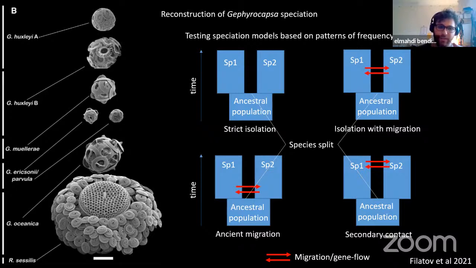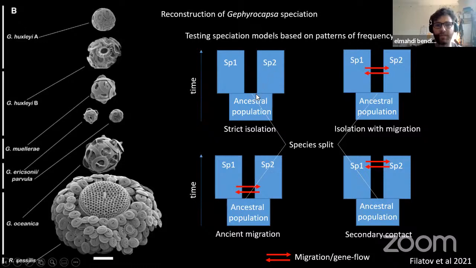So in this study with Dimitri, we tested different speciation models based on patterns of frequency variations within the genomes. We tried 4 classes of speciation model. So the first model is the strict isolation. We start with an ancestral population or an ancestral species, and that species splits in 2.